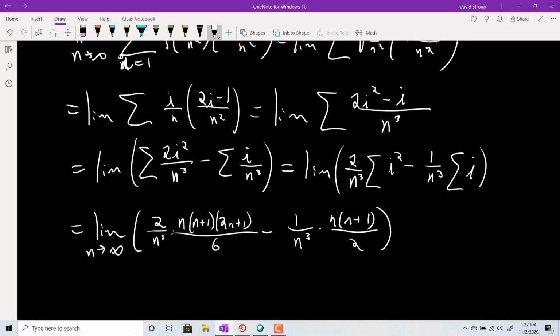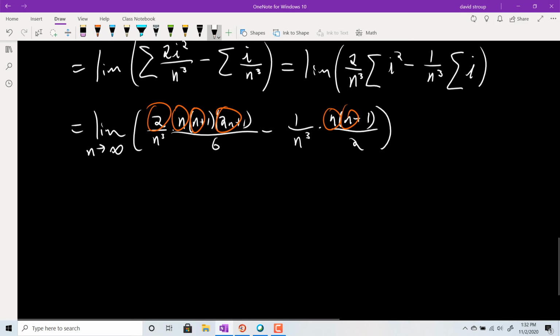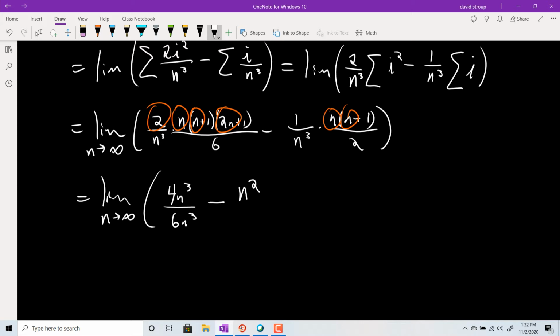So this first limit, the high degree stuff, is all we really care about. So again, let's multiply n, n, and 2n. On the other side, it's n times n. So our limit as n goes to infinity becomes 2 times n times n times 2n, so that would be 4n cubed all over 6n cubed, minus n squared all over 2n cubed.